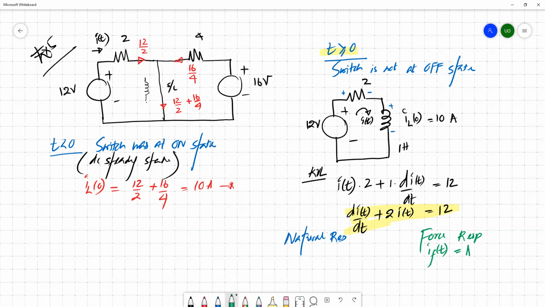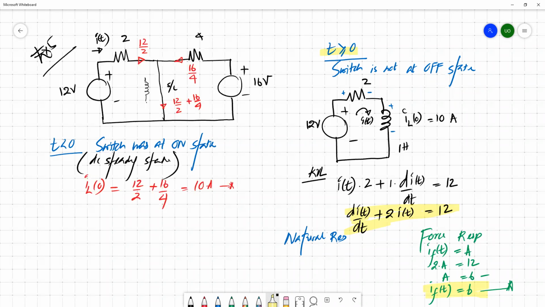You can propose a trial solution as a constant, i_F(t) equals A. Once you plug it into the original differential equation, we find that 2 times A equals 12, so A becomes 6. Your forced response is 6.